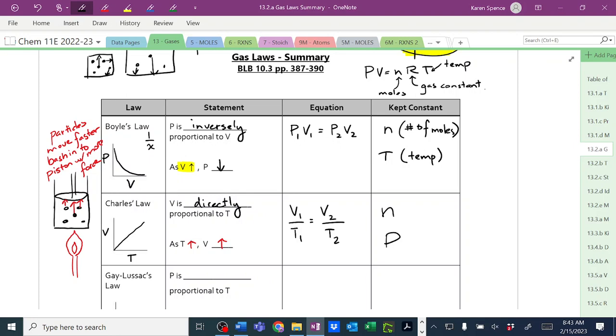Now the thing about when we heat this, those particles on the inside are going to push up with a certain amount of pressure. The piston will stop moving when the pressure is equal to the what? Atmospheric pressure, okay? So we will have a certain pressure pushing downwards, and then it will stop expanding once we hit that. So the pressure is being kept constant. It's going to be equal to, say, the atmospheric pressure, okay?